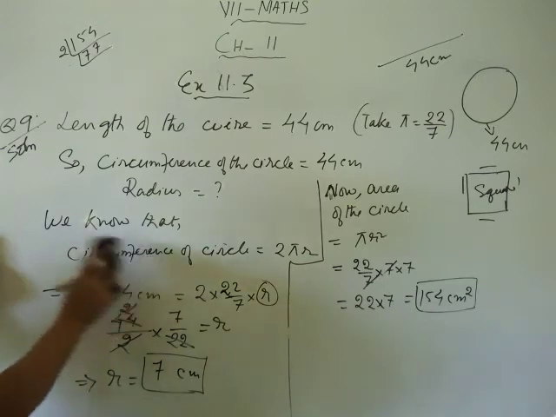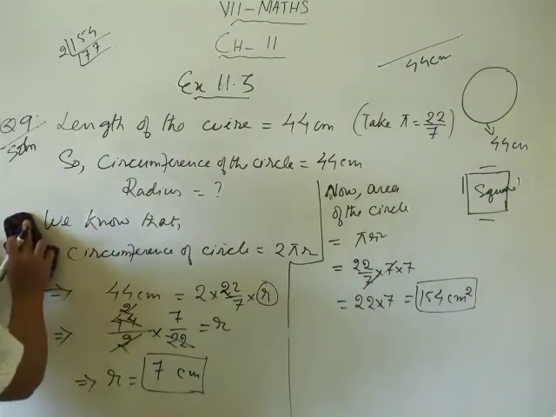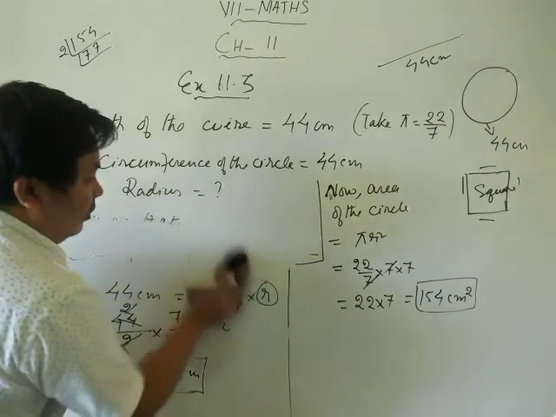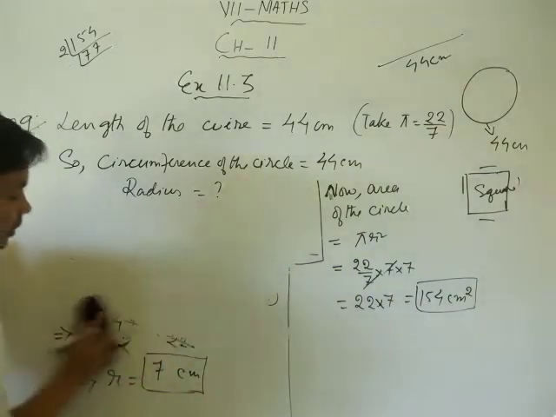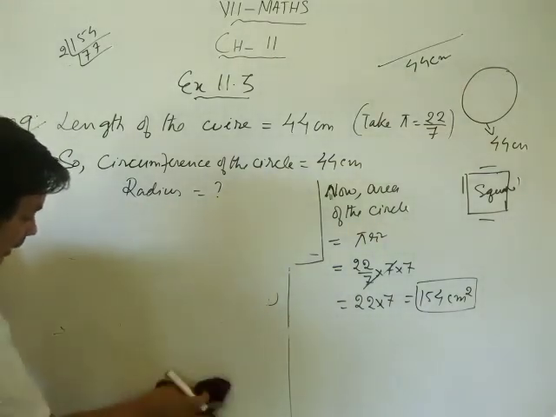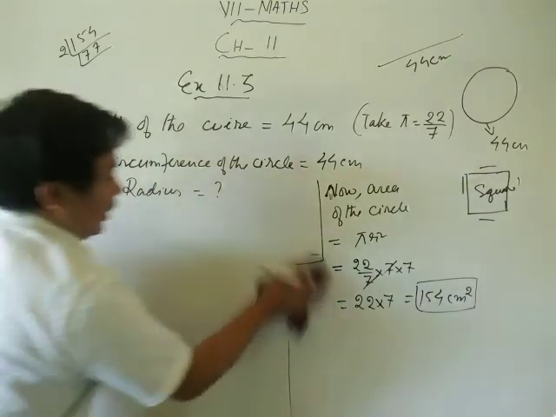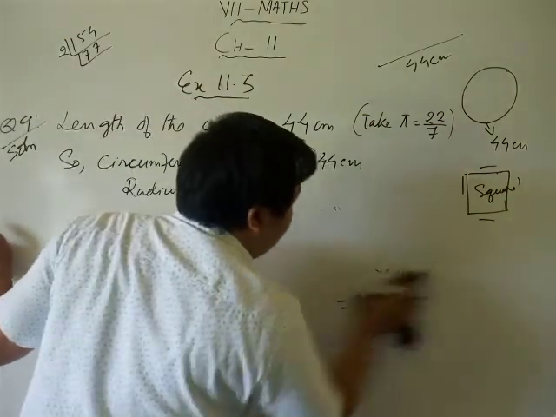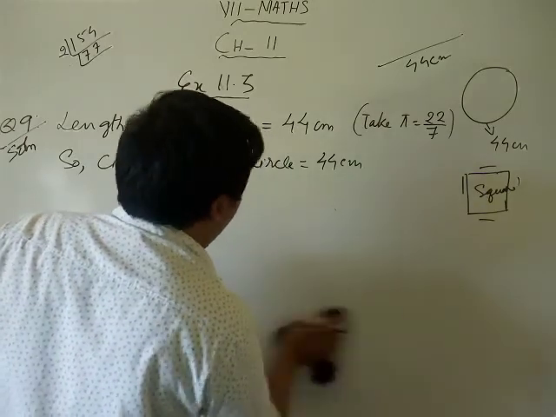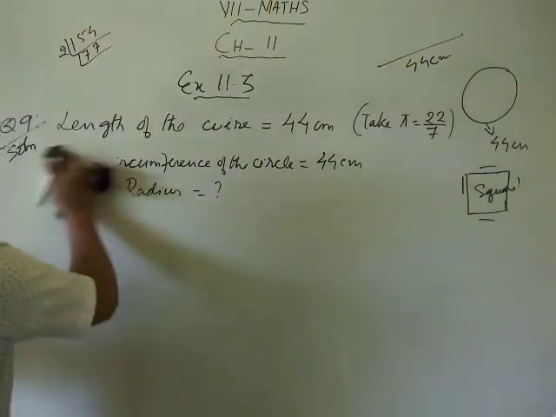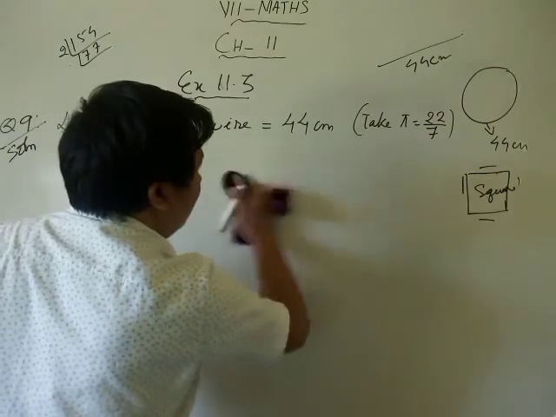So now I write this here. I'll show the next part of the solution. Now for this circular part, we are going to find the side of the square.